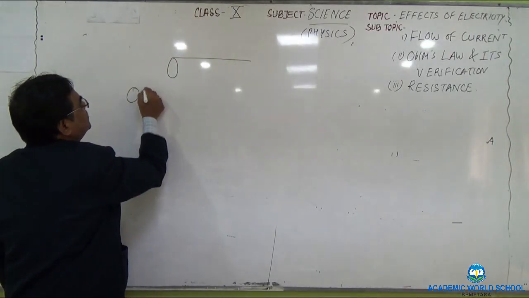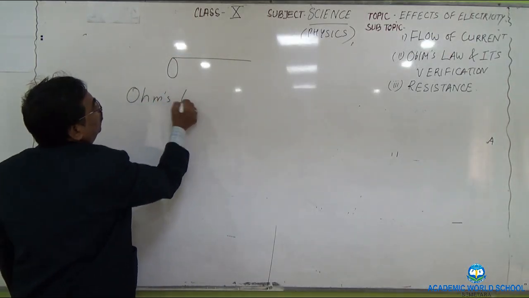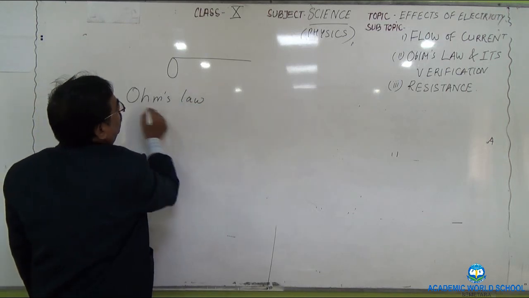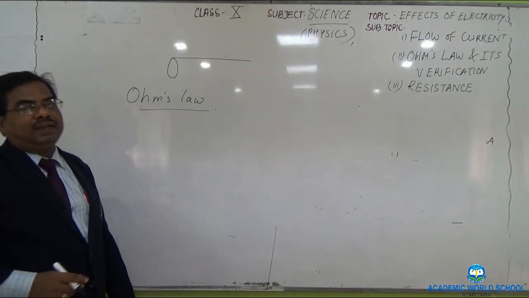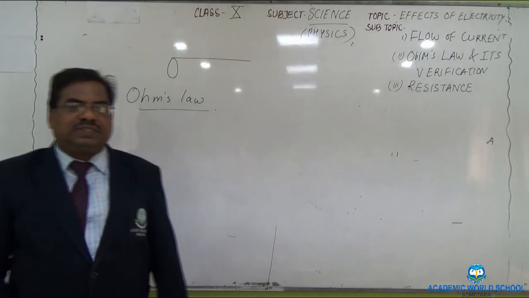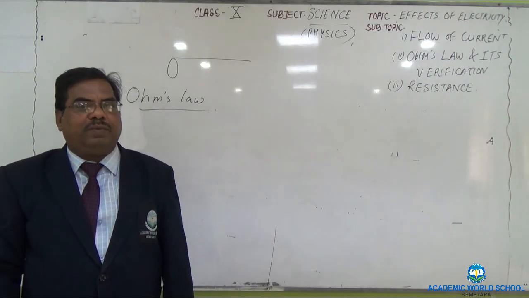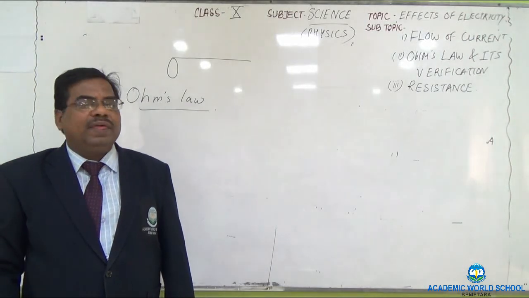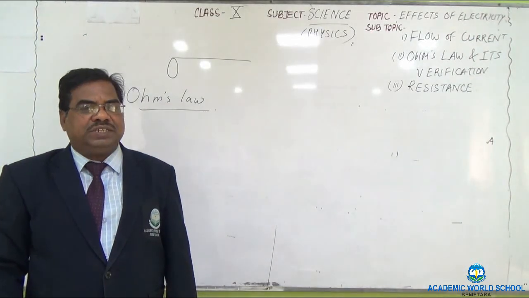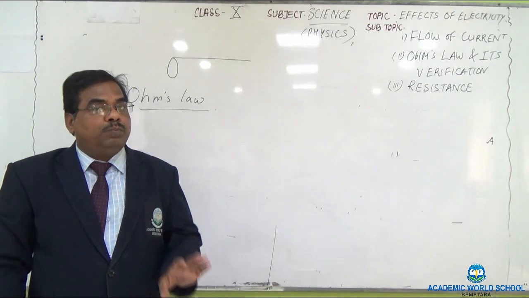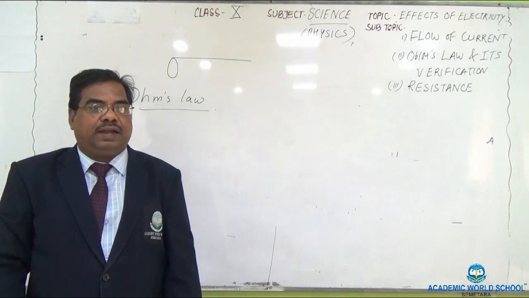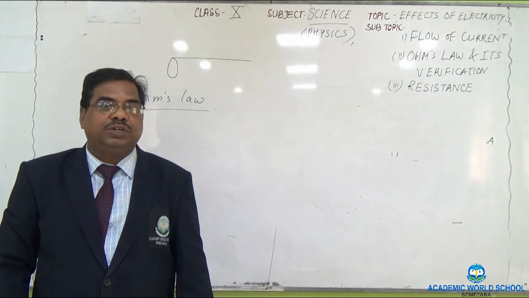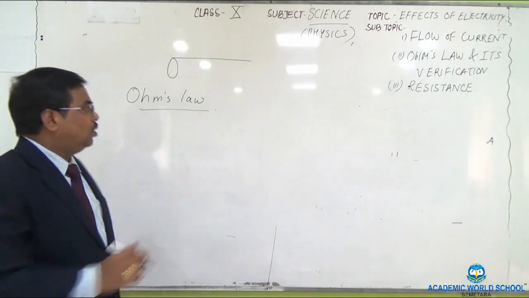Ohm's law says that if the physical parameters remain constant, physical parameters such as temperature, pressure, humidity, etc., if these are not changing, then the potential difference and current are directly proportional to each other.